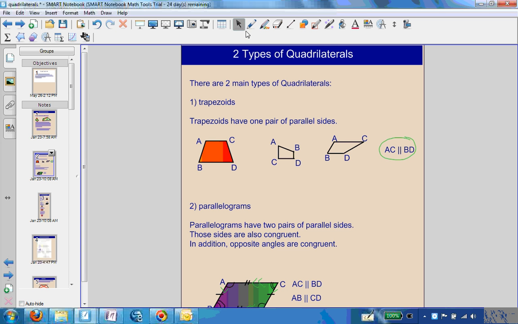However, we do have two special types of quadrilaterals, trapezoids and parallelograms. In our first example here, you'll note that all our trapezoids in all three of these pictures have side AC and side BD parallel to each other.